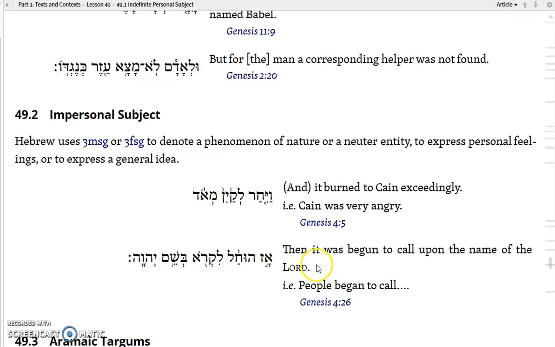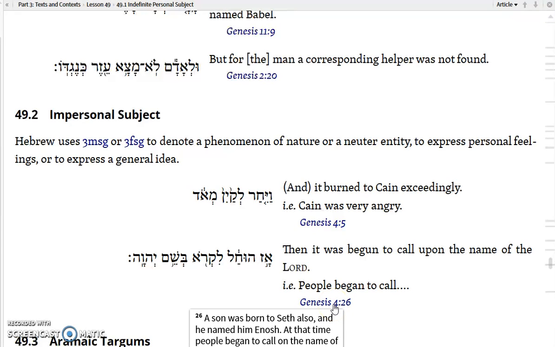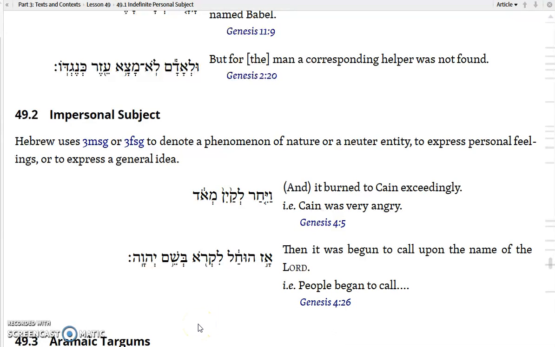But anyway, it's literally, it was begun to call on the name of the Lord, and that has to be rephrased. Usually translations say people began to call on the name of the Lord. Again, the Christian Standard Bible does that.